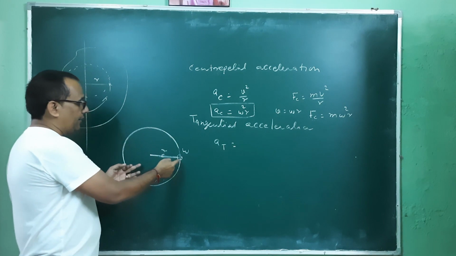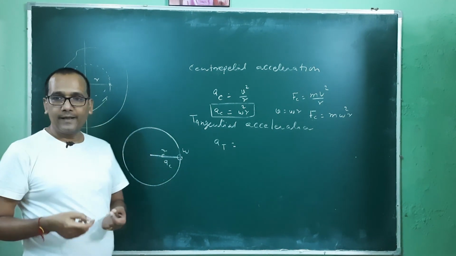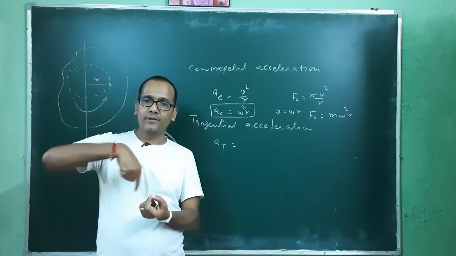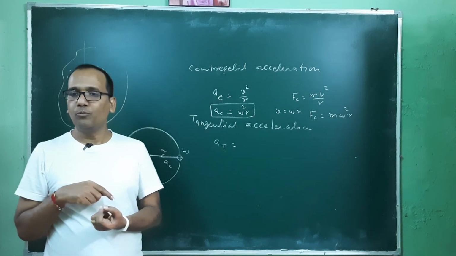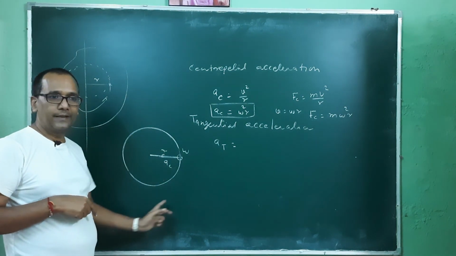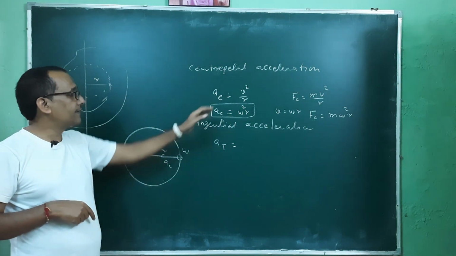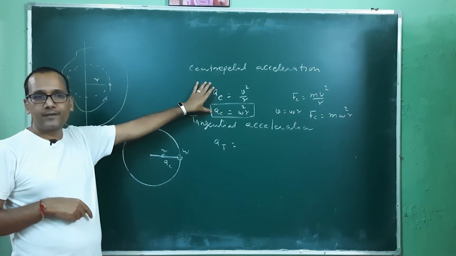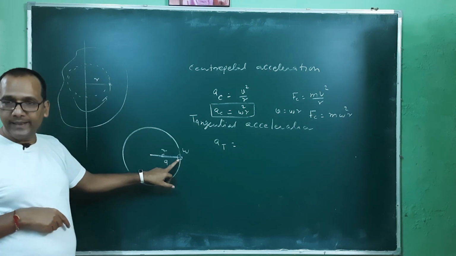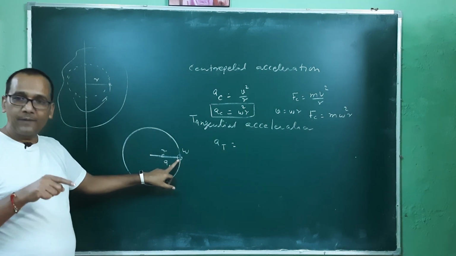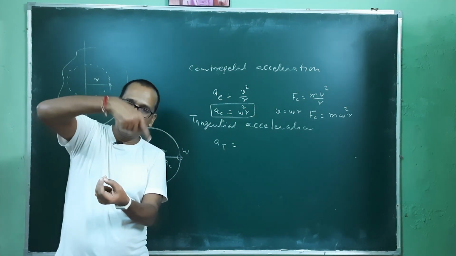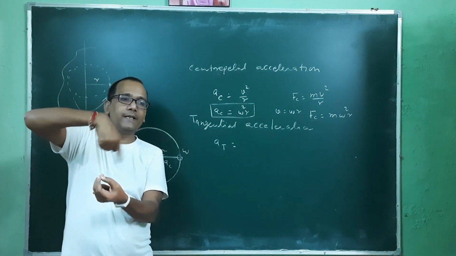Second, if this body is accelerating also, meaning the speed is not constant, then the direction as well as the magnitude both are changing. In the first case, only the direction is changing, that's why the velocity is changing, and this is the concept of centripetal acceleration and centripetal force. And if it's moving with varying velocity in terms of magnitude as well as direction, the object is moving like this, continuously its speed is increasing.